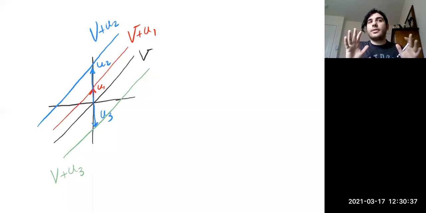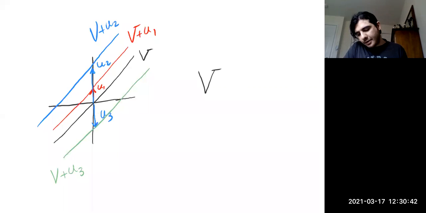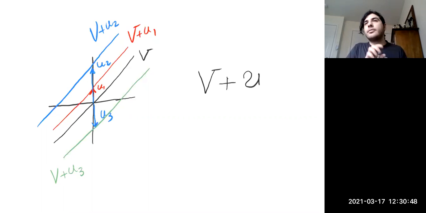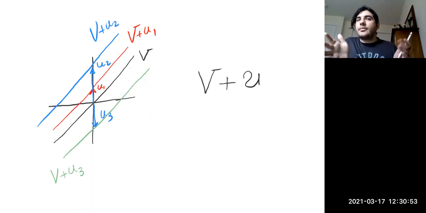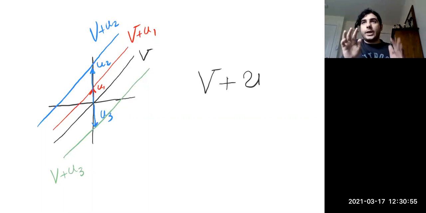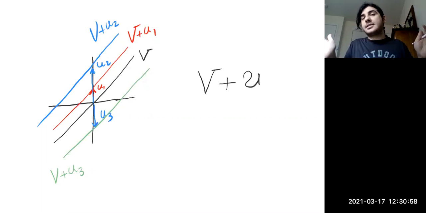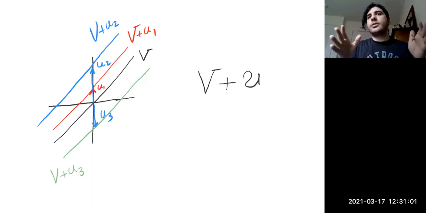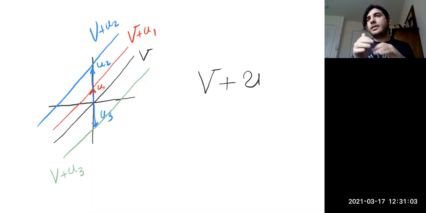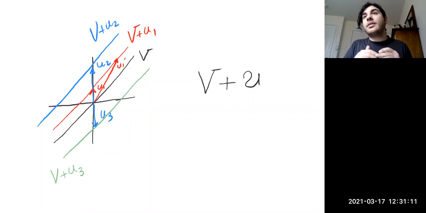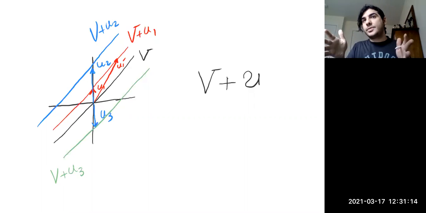So I can start with a vector space and move it around. I would get a lot of these things, right? So suppose we have V and we are adding different vectors U to it to get a lot of different subspaces. As I said, sometimes with two different vectors, we get two different affine spaces. For example, in my drawing, U1 and U2 give us different affine spaces, but U1 and U1 prime give us the same affine subspace.